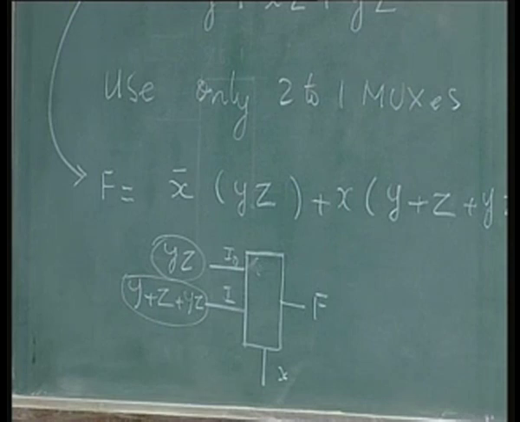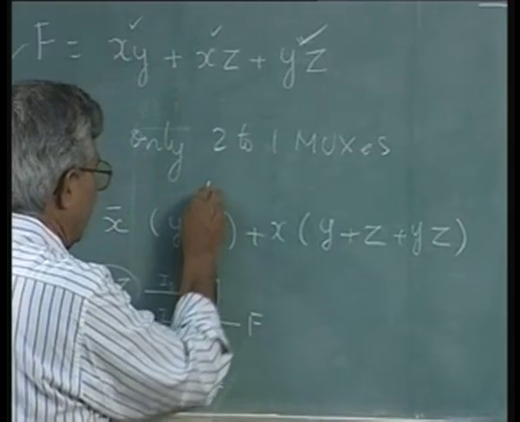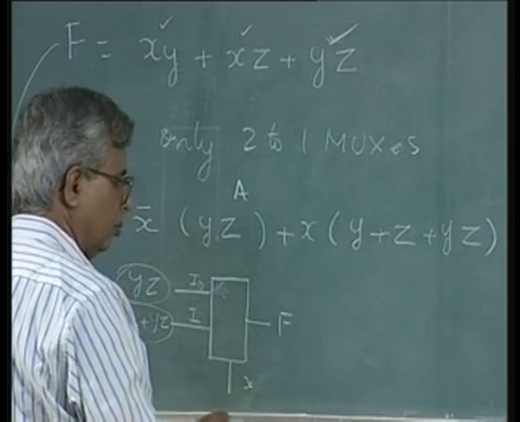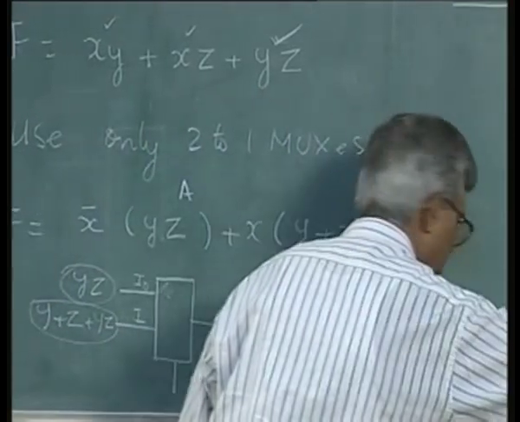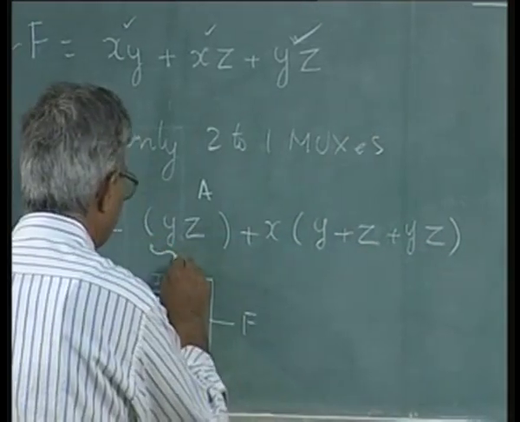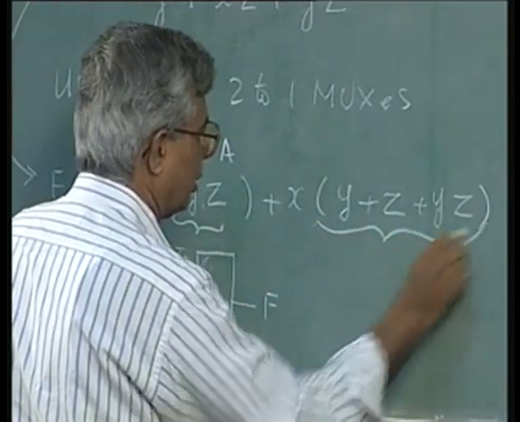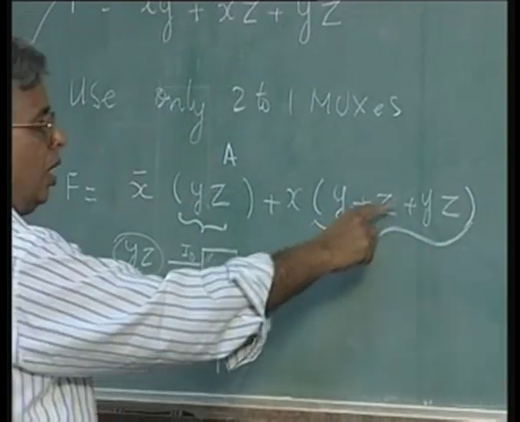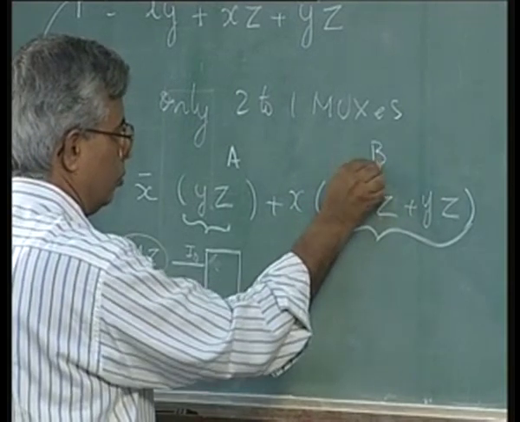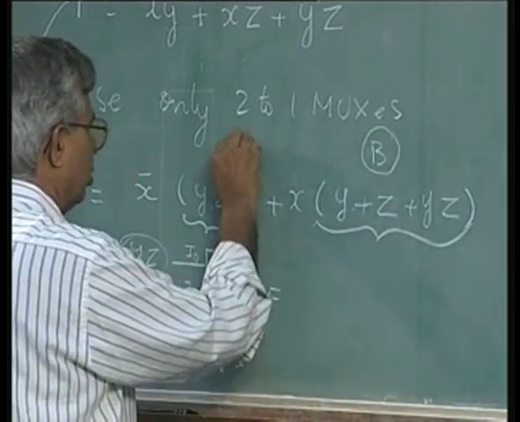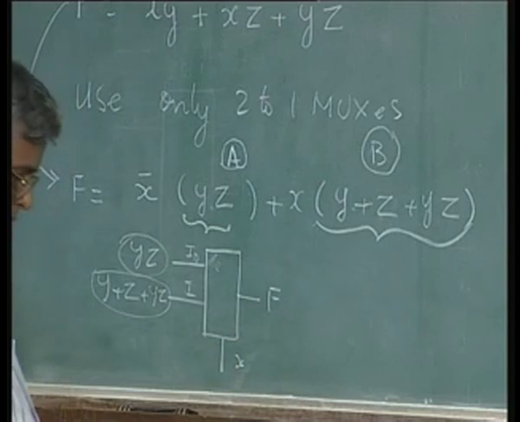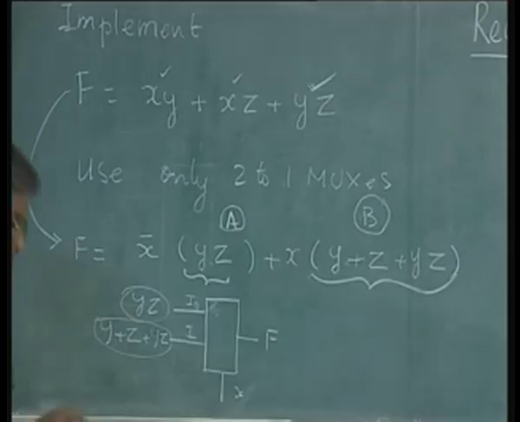Now I am going to do one more thing. I am going to call the whole function yz as a, and call the whole function y or z or yz as b. I am going to write a and b individually in terms of y.